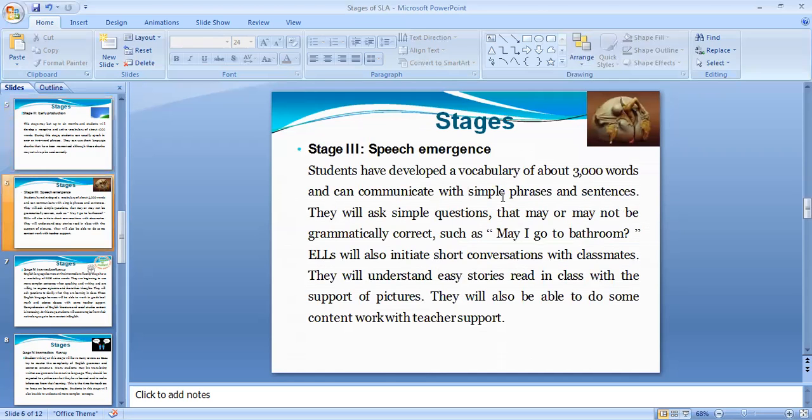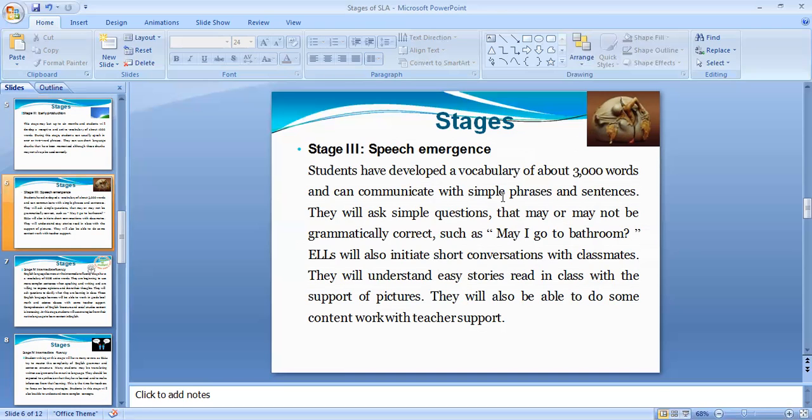And number three is the emergence stage. These stages can last up to another year. Already we passed 1 year in the past two stages, pre-production stage and early production stage, and here we are just adding another 1 year.